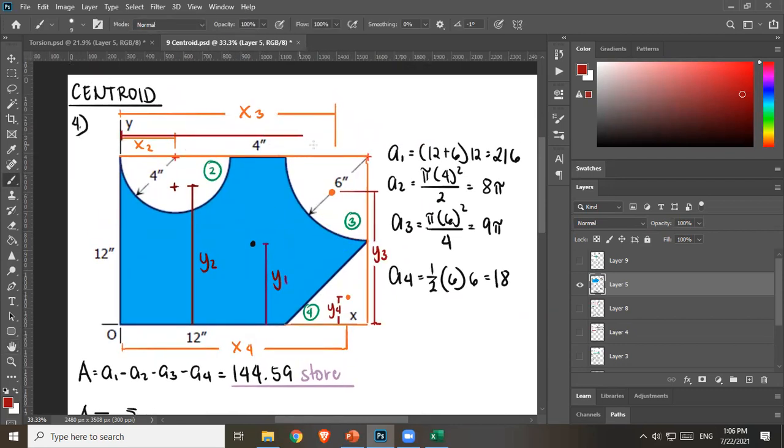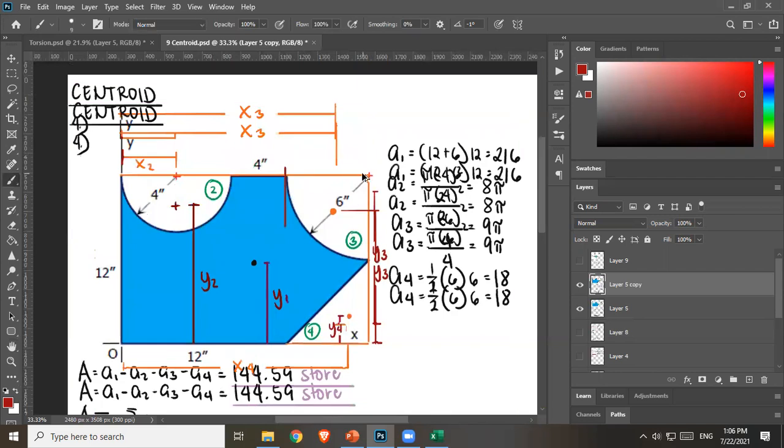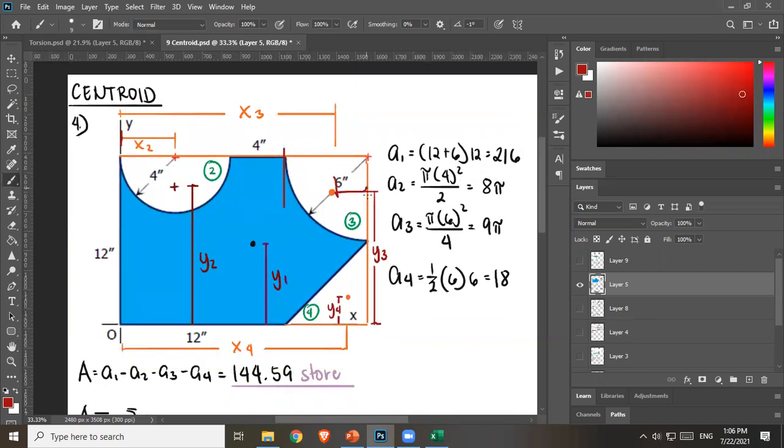Now again, this is what we need, your x sub 3. So, like what I said earlier, we can try doing this and then getting this distance. But this distance doesn't have an equation yet. So instead, I'm going to take the total length and then subtract this length, which we know.